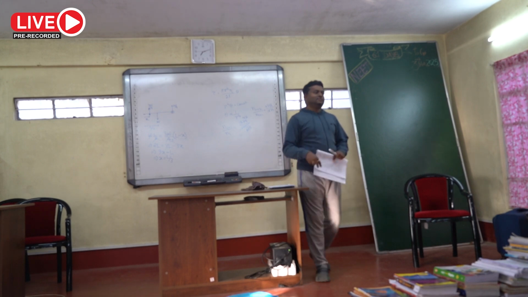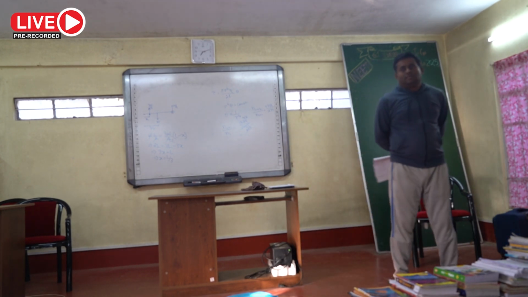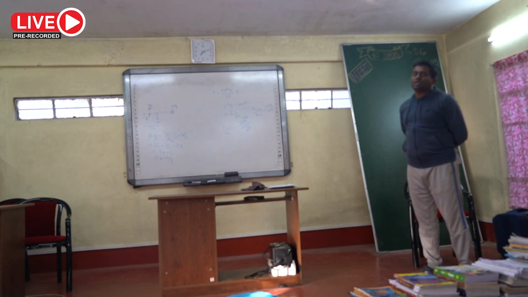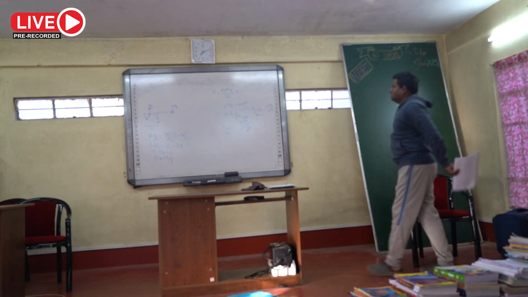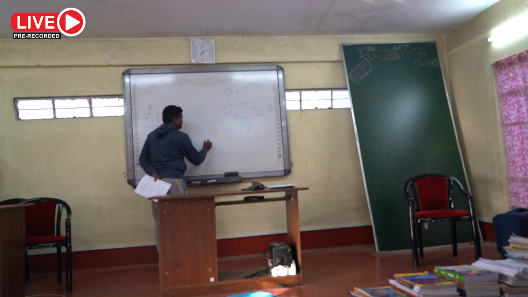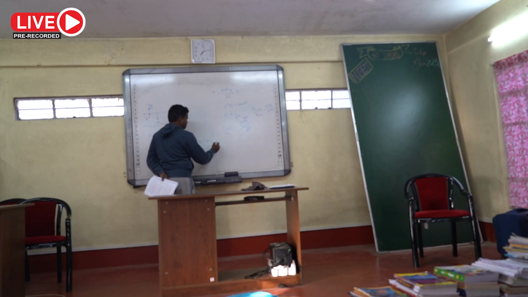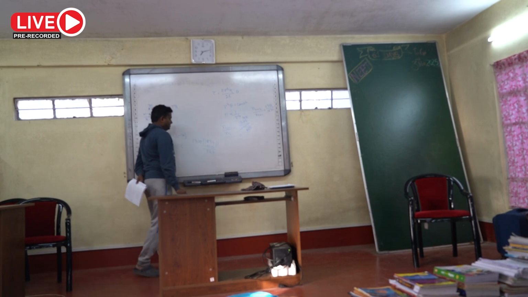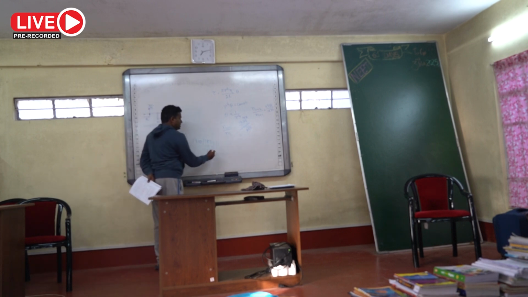Check. We have to find out the smallest number by dividing this. That is 1834 divided by 1310.